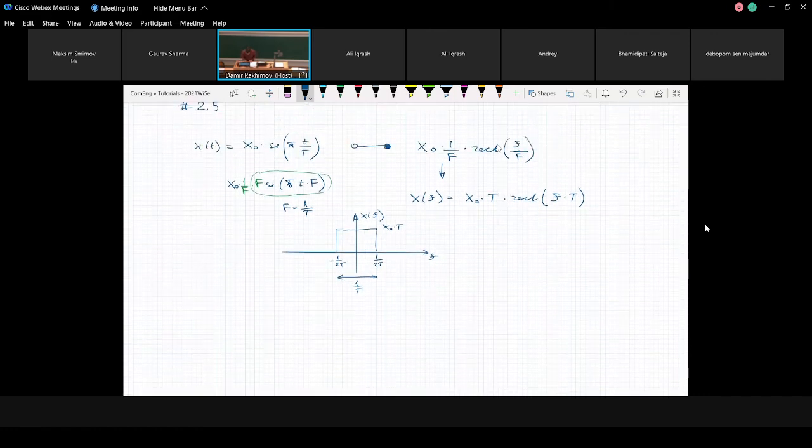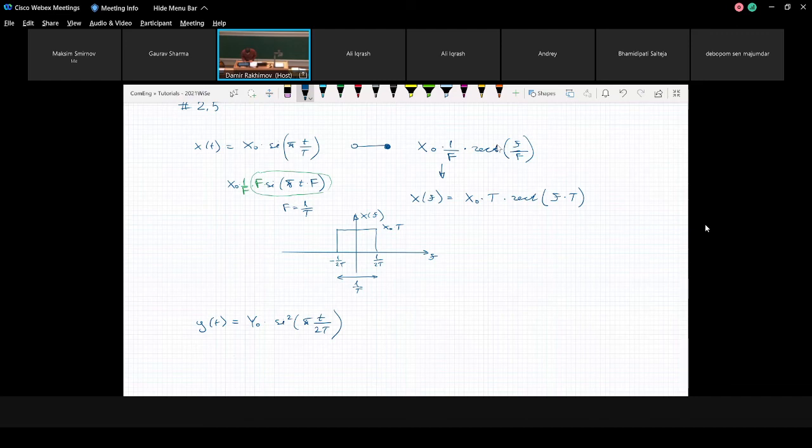Let's consider the second signal. Y of t equals capital Y0 times the square function, and then we have pi over capital T. Use the same hint as we did before.